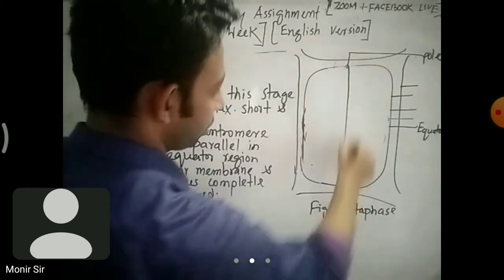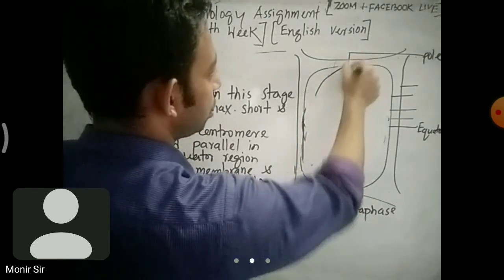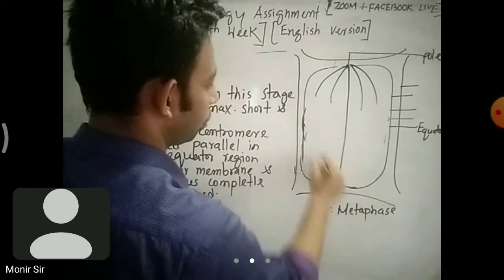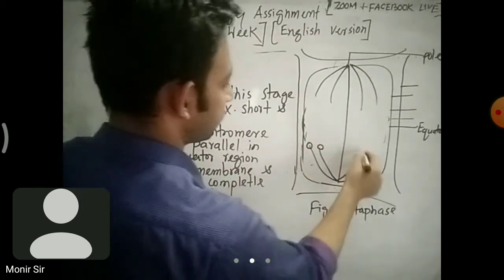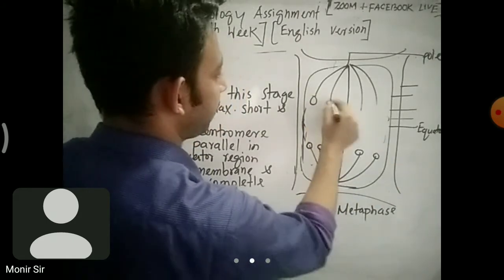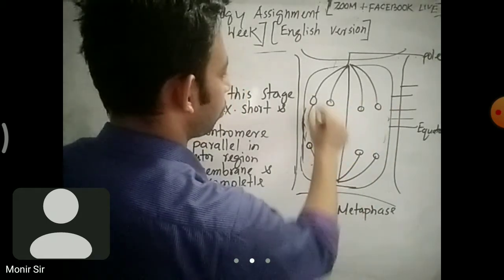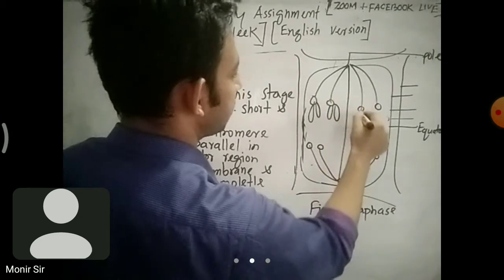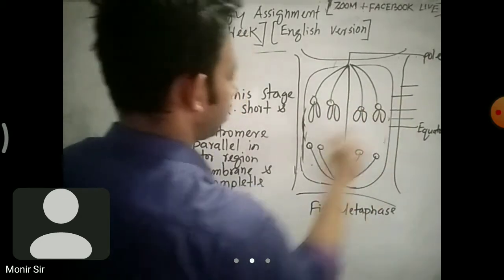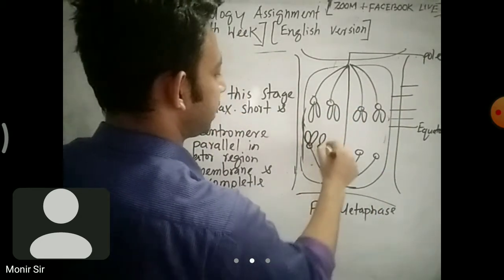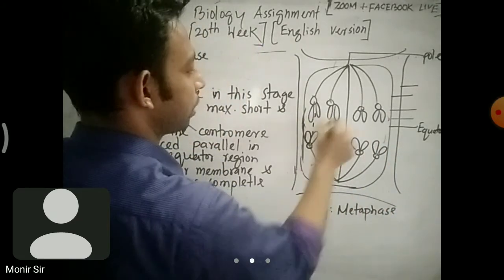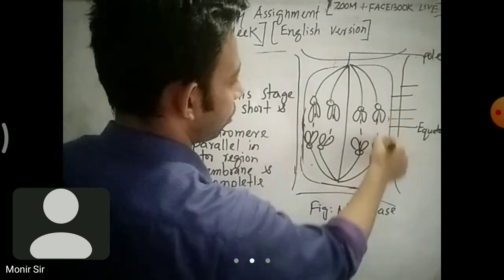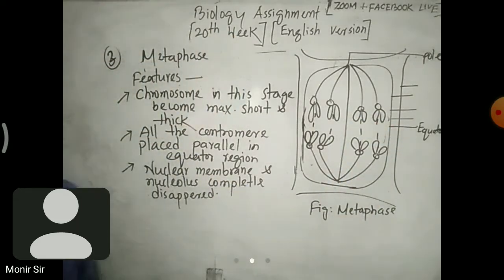And look at here, this one is also there, 1 2 1 2 1 2 1 2, likely that. The change of chromosome, we better understand what type of change is actually found in this stage, or all of the stages we have mentioned here.